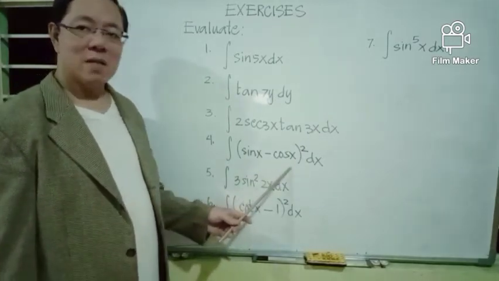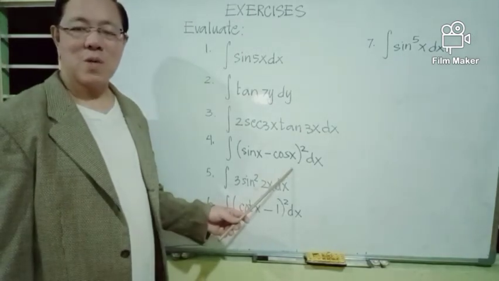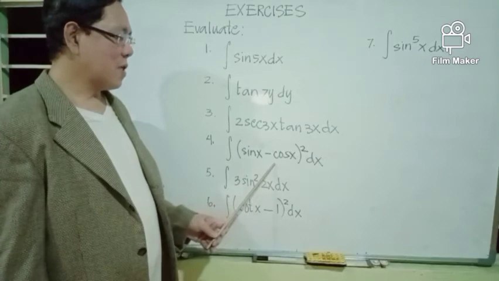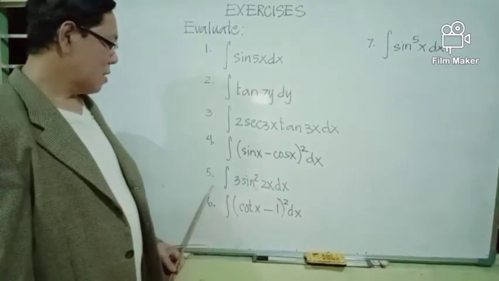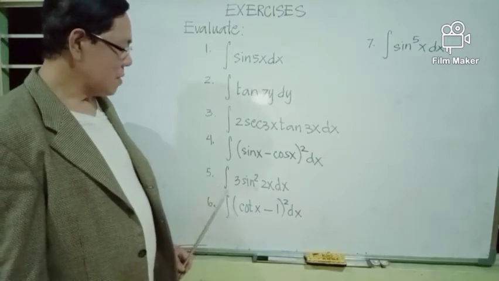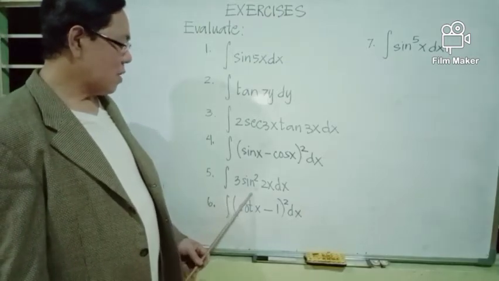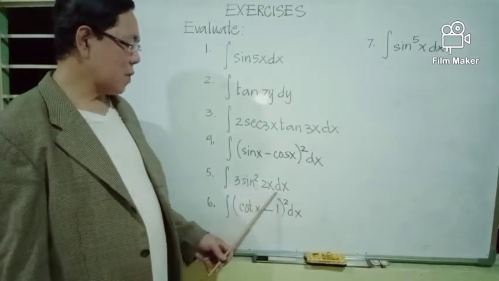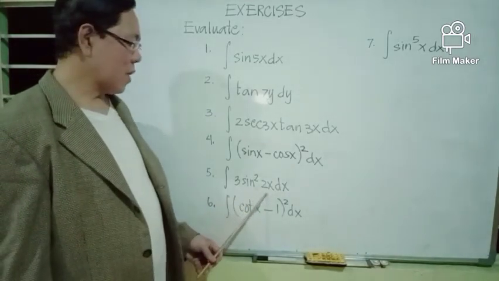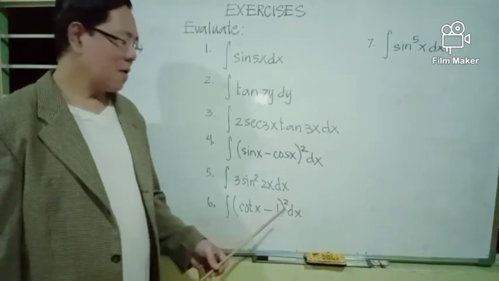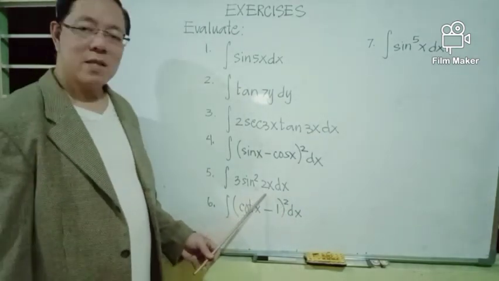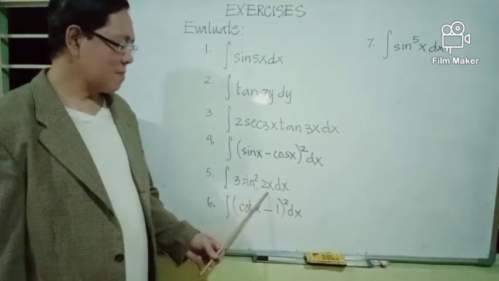First, you expand this expression using a special product rule from your algebra for the square of a difference. In number 5, we have the integral of 3 times sine squared 2x with respect to x. First, you make use of a change of variable by letting u equals 2x.